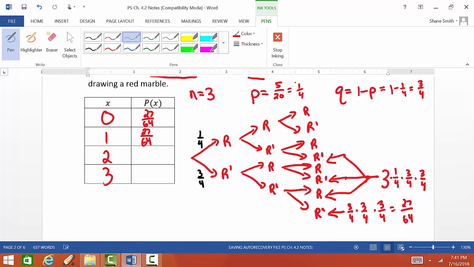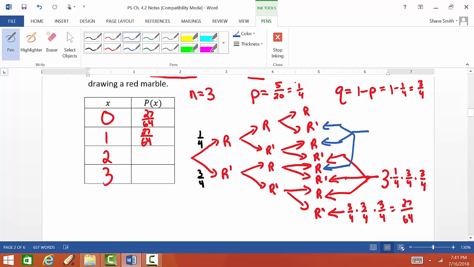I'll change my colors for this because it's going to get a little bit messier. What about 2 red marbles? Try to find all the paths again. Okay, so for 2 red marbles, there are these 3 paths.